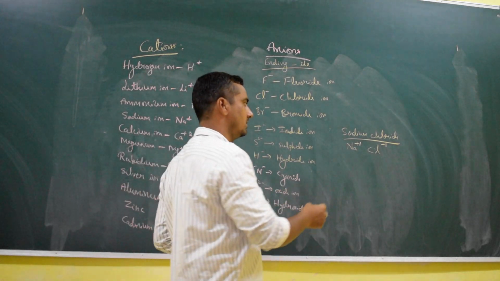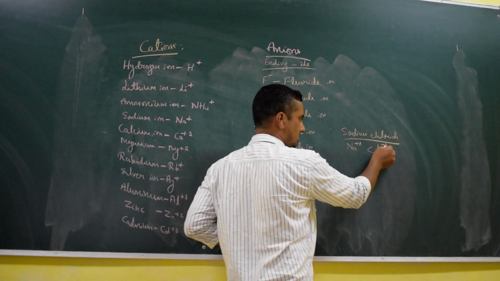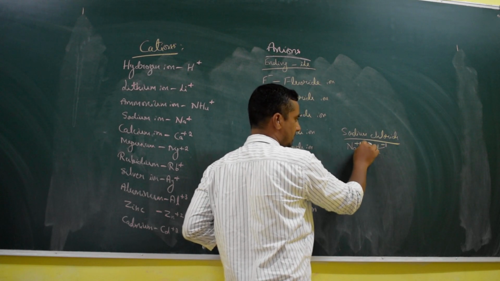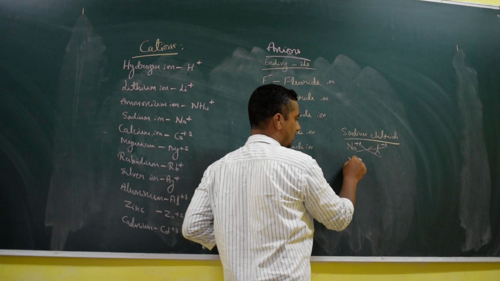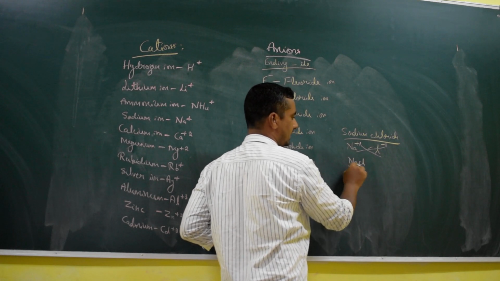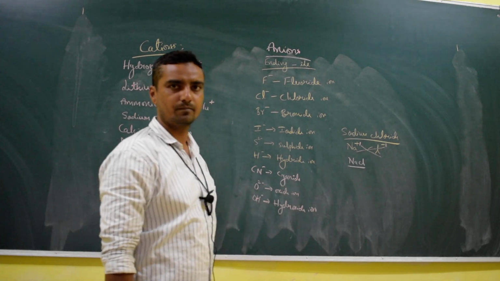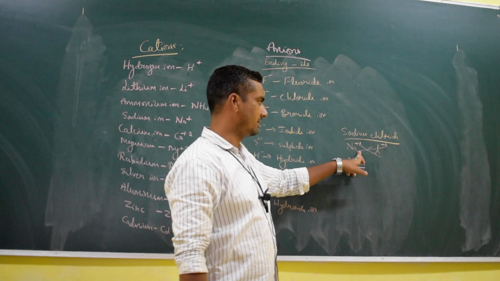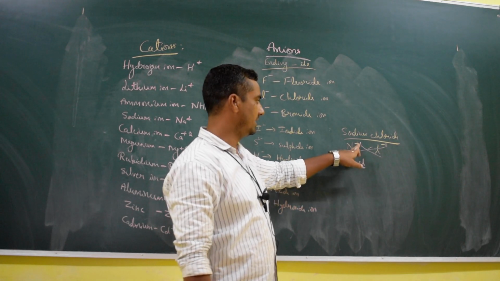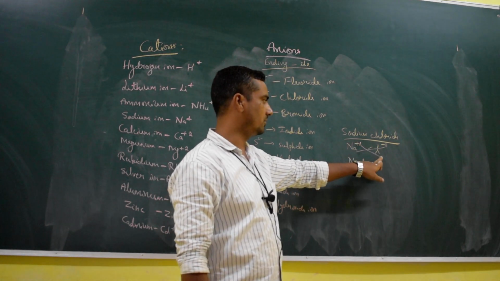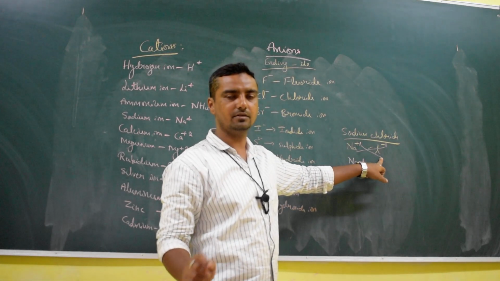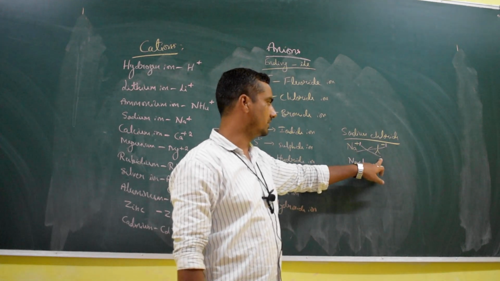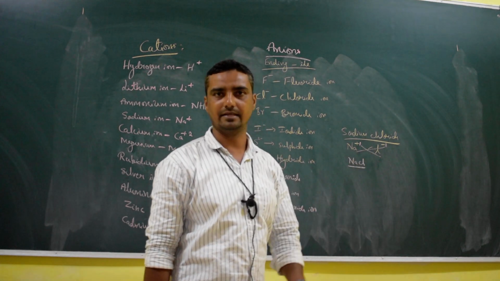The number on top goes down here, and the other one goes down here, opposite sides. Leave aside the charge, plus and minus, and go only for the numbers. Then it becomes Na1Cl1, that is NaCl, sodium chloride.